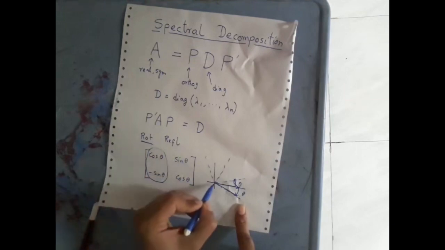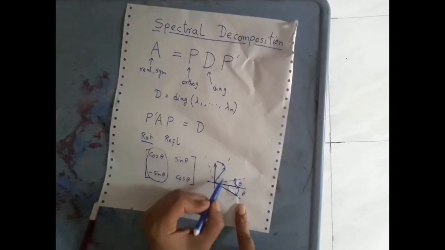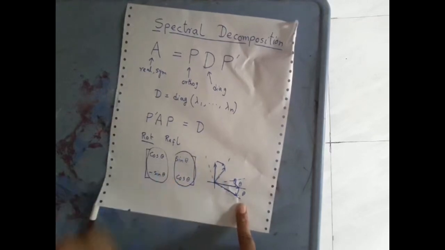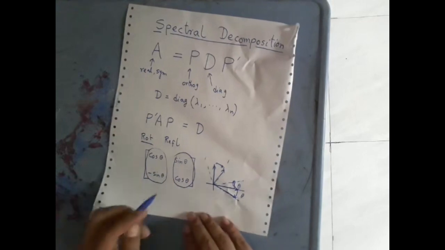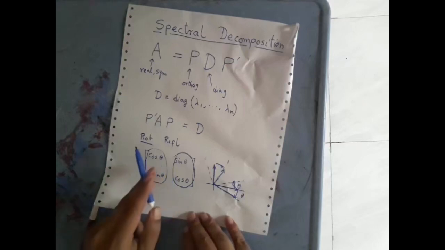In this case, this E2 will now become this, which has both first and second coordinate positive, and the second column is like this. So this is the general form of 2 by 2 orthogonal matrix representing rotation.